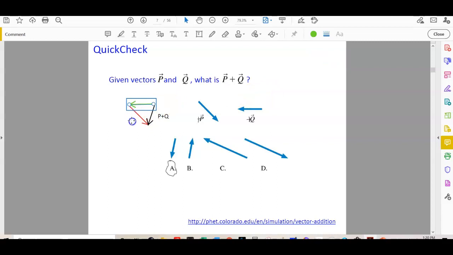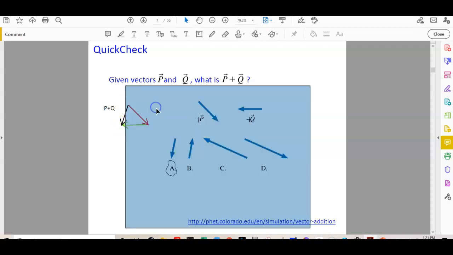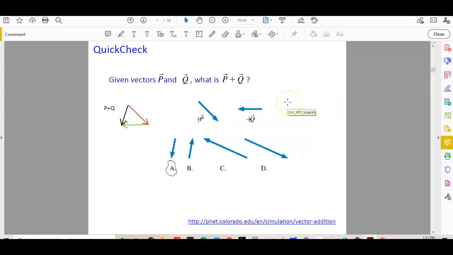So if I grab this vector, the Q vector, and add it to the head of P, notice that the P plus Q vector ends up doing the same thing. You started here, down and to the right, and then to the left, you ended here. The resultant vector goes from start to finish. And so, same thing. This is the exact same thing. Okay?